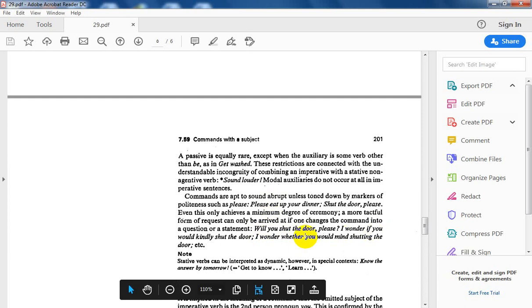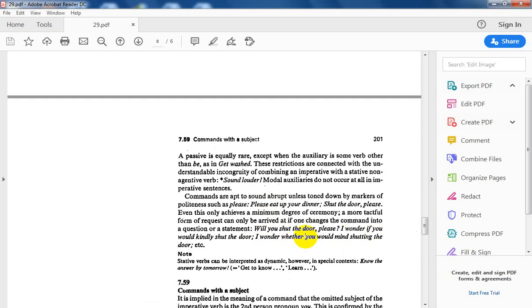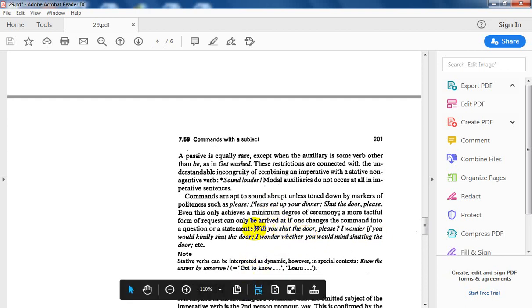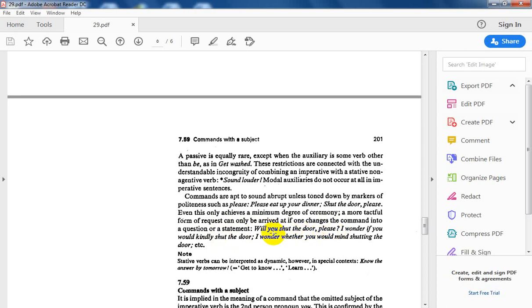So instead of saying "shut the door", "will you shut the door please?" is more polite.